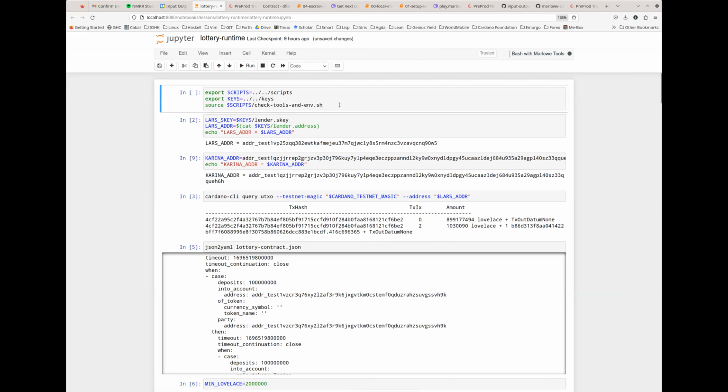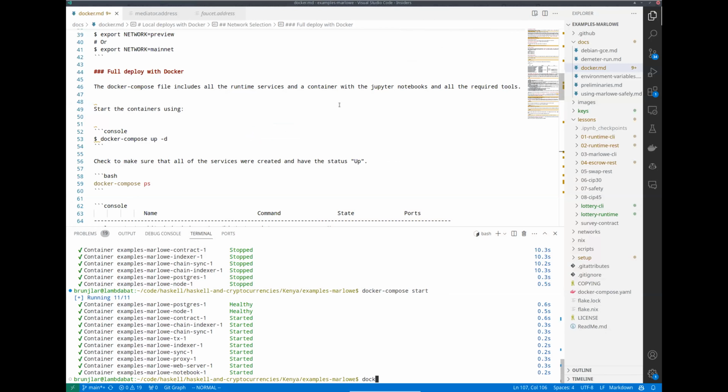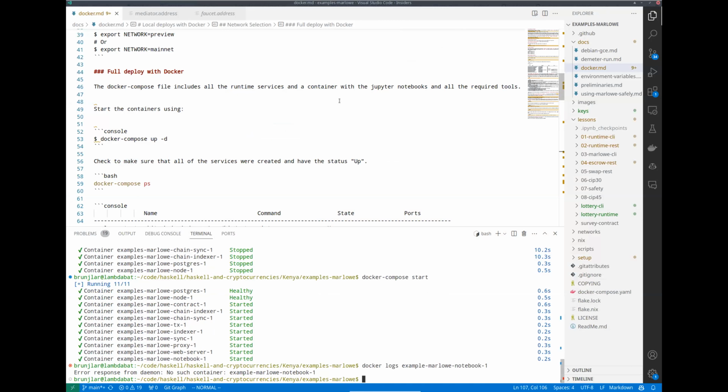Okay, so if you run Docker logs and then the name of the service, that for you is going to be examples, Docker logs examples Marlowe notebook. And that should give you the log error response.